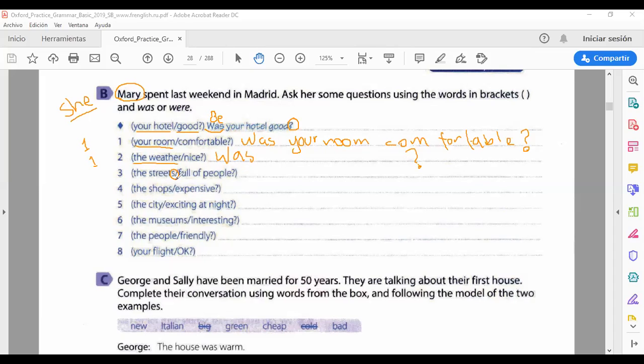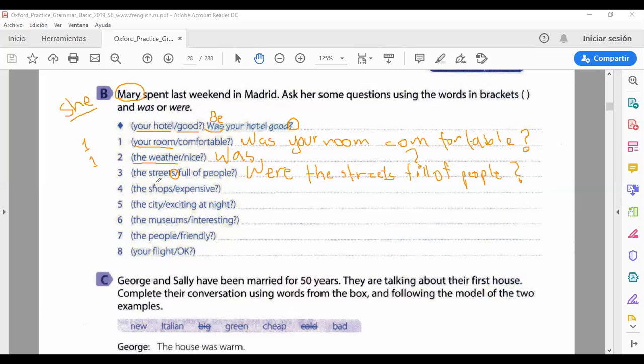So because I have the plural form here, I have to use were. Were the streets full of people? And the question mark. Okay, see?